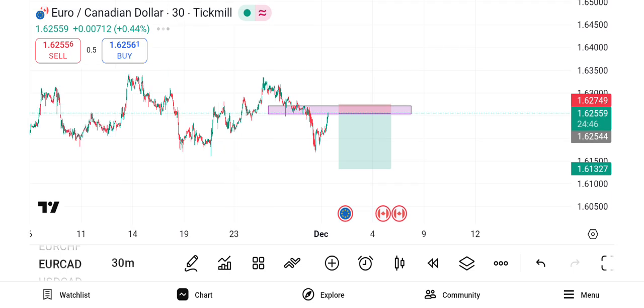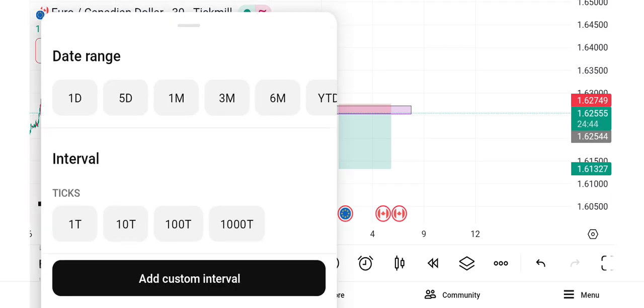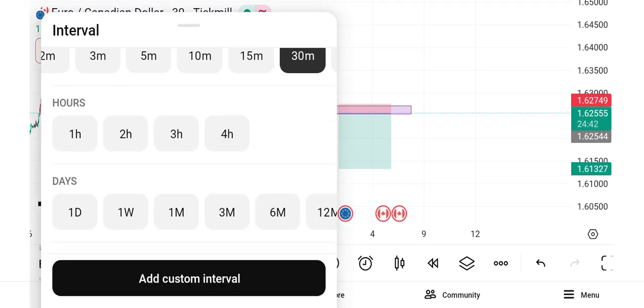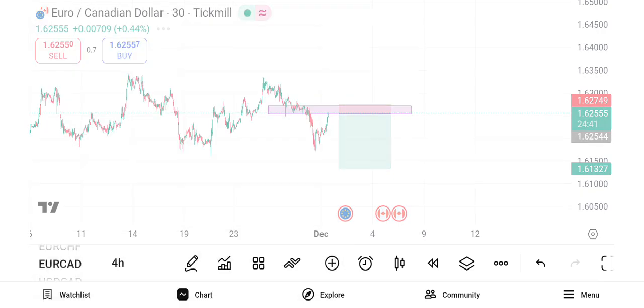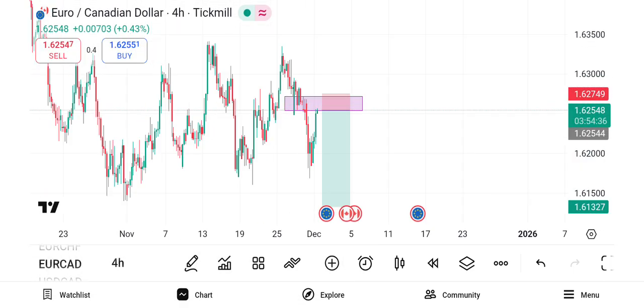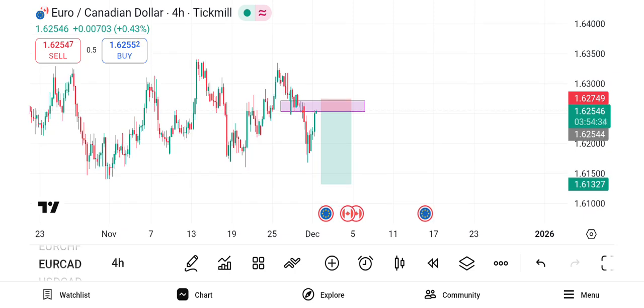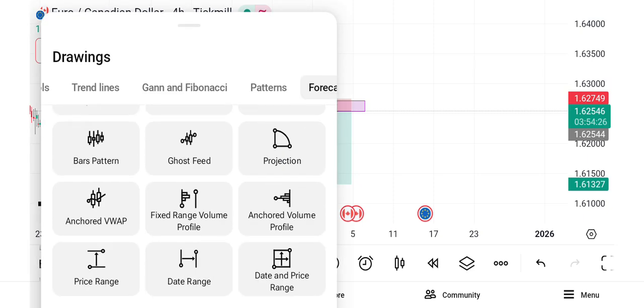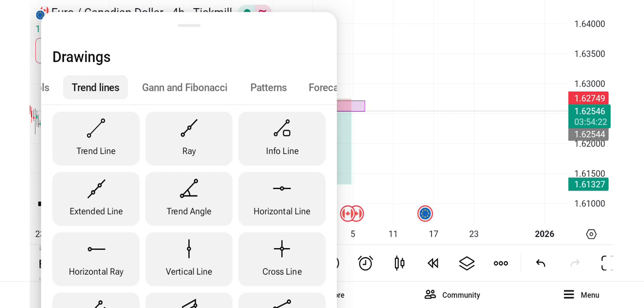Our stop loss could be above the candlestick confirmation or the key zone, the major zone. You can place your stop loss above the major zone or above the candlestick confirmation that formed. Then our take profit level should be around here.